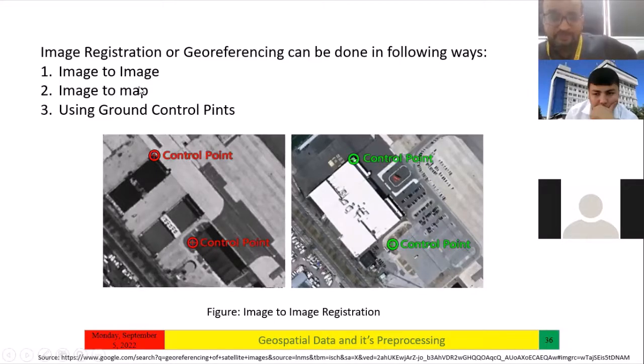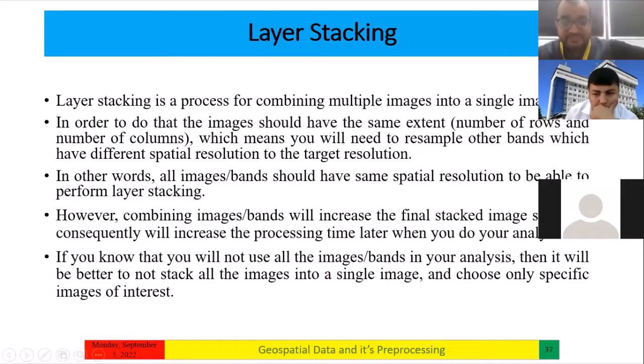Image to map georeferencing is also possible, and we can also collect ground control points with the help of GPS and other devices, and those ground control points can be used for georeferencing. Here we have used ground control points to georeference the 2 images. The next one is layer stacking.